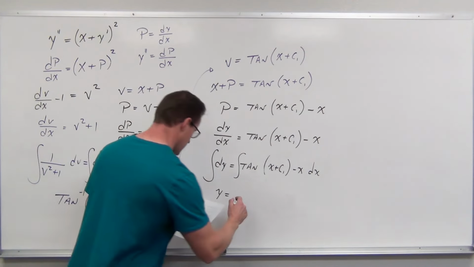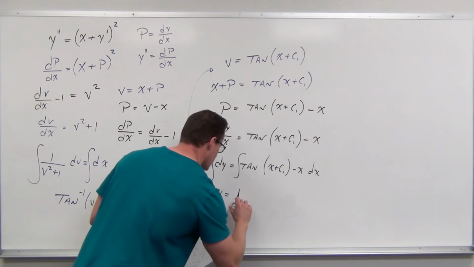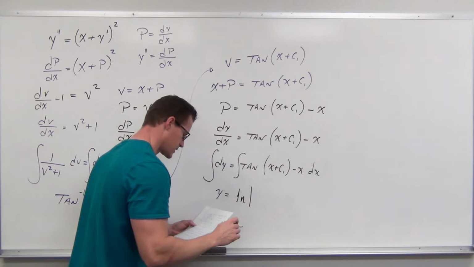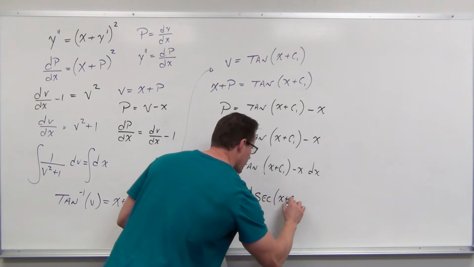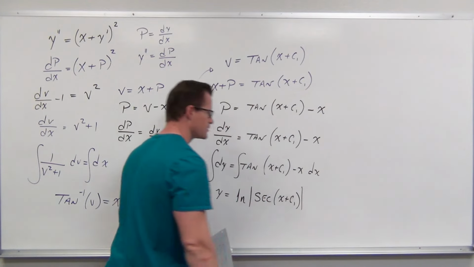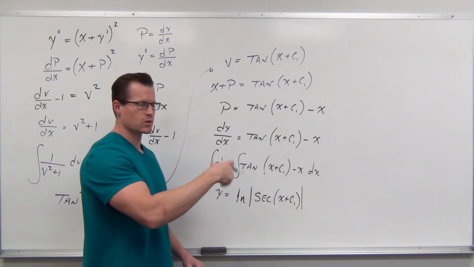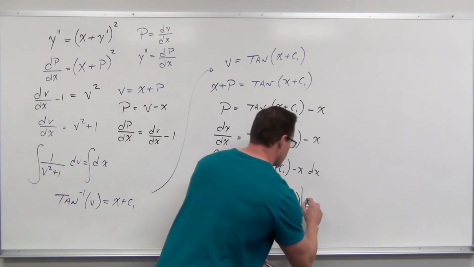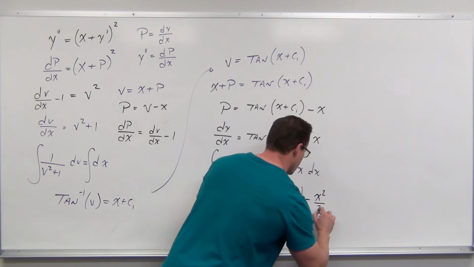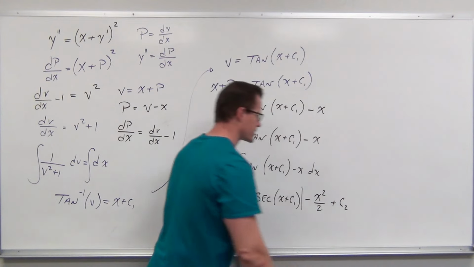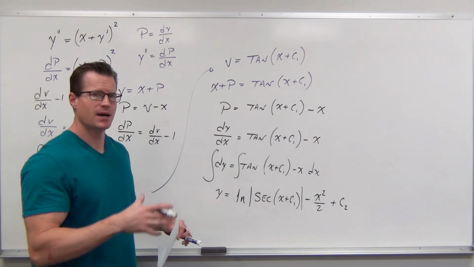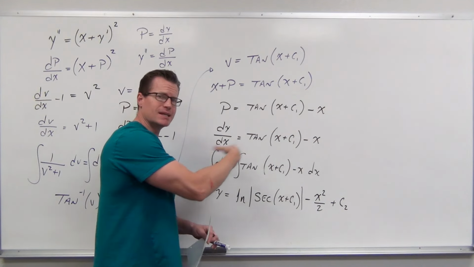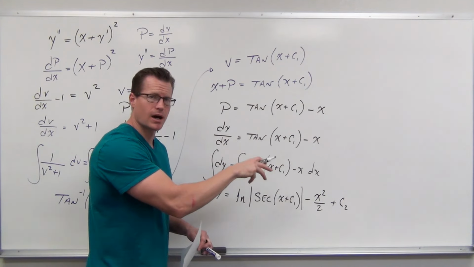Oh yeah, so ln, absolute value secant, x plus c sub 1, and absolute value minus x squared over 2, plus another arbitrary constant because we had 2 different integrals that we're doing. Not the same as doing an integral on both sides and getting two c's that you can combine. This is different.